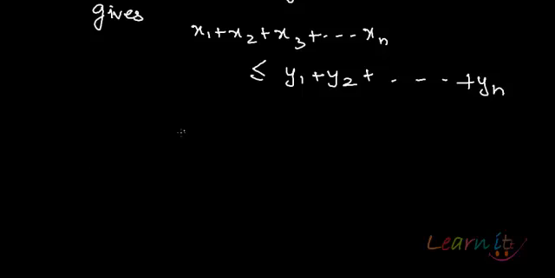Okay, which means that 0 is less than or equal to Sn, which is less than or equal to Un, the nth term of the series, for all n greater than or equal to 1.